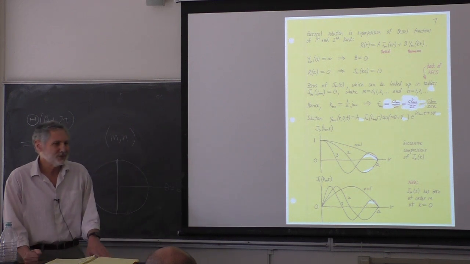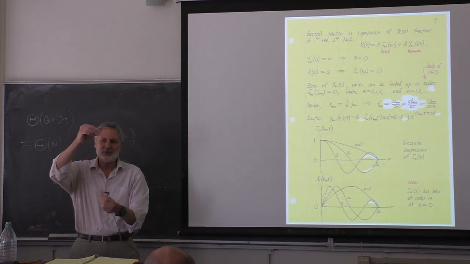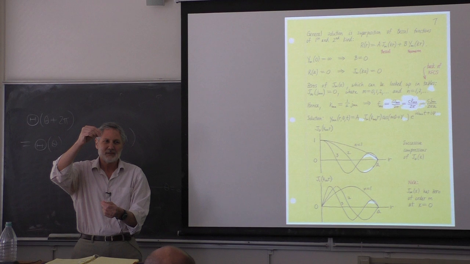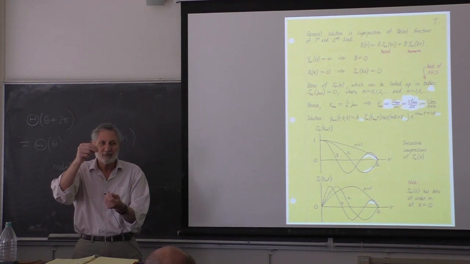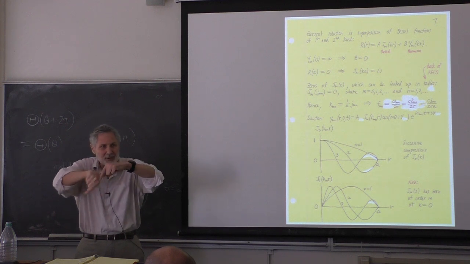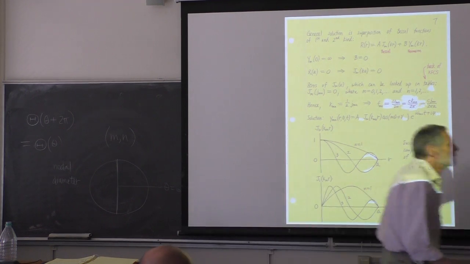What Bessel was interested in was not circular geometries. He was interested in the modes of a hanging chain. A hanging chain has modes. You can see them, right? There's going to be one that kind of goes like this with no node. The next one up is going to have a node.